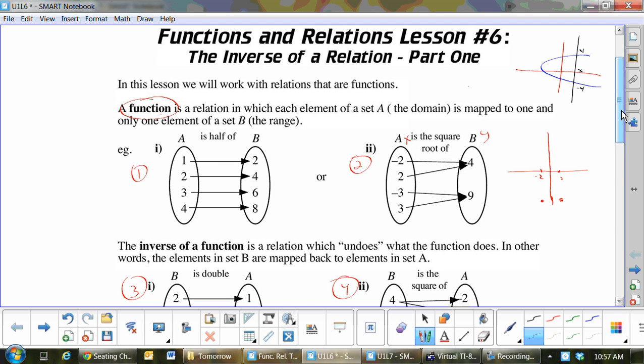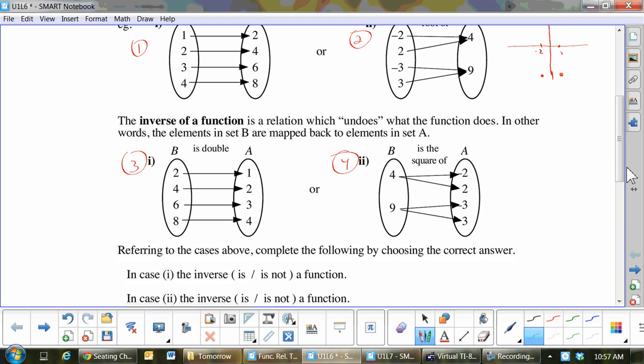But let's look at 4. So if I had 4, here's 4, and 4, negative 2 is down here. Right, negative 2, and this is 2. So that would be that. Do you see how those 2 points fail the vertical line test? I drew a vertical line test, right? So this one is not a function.